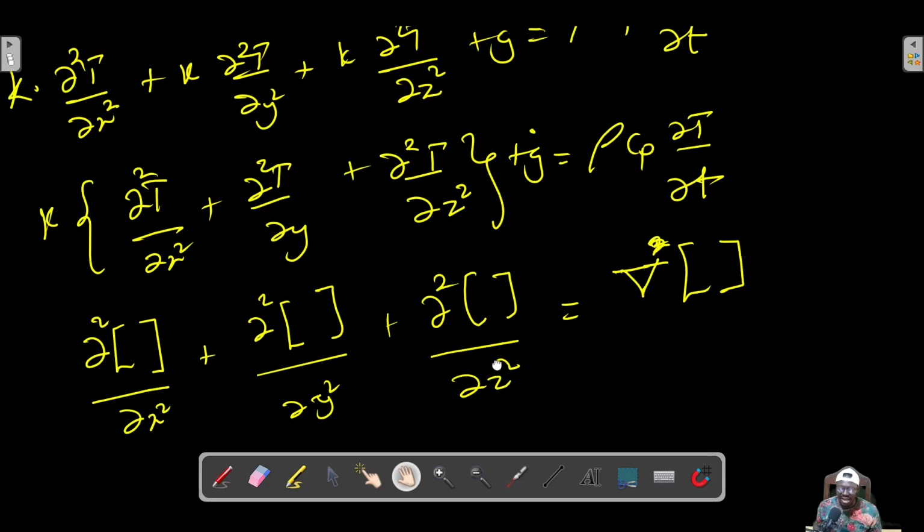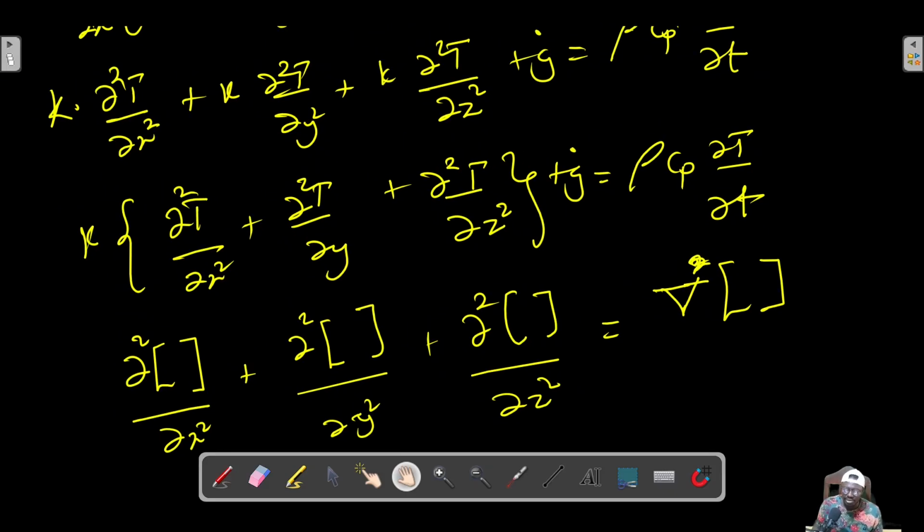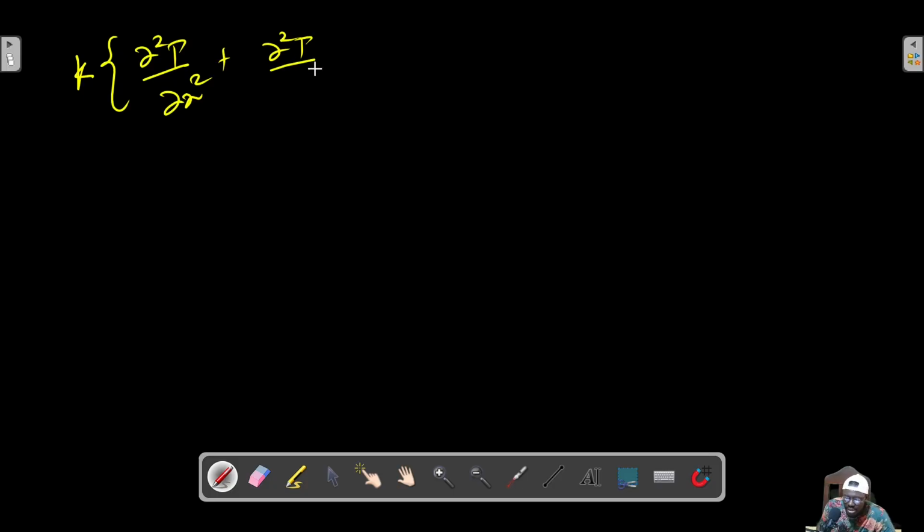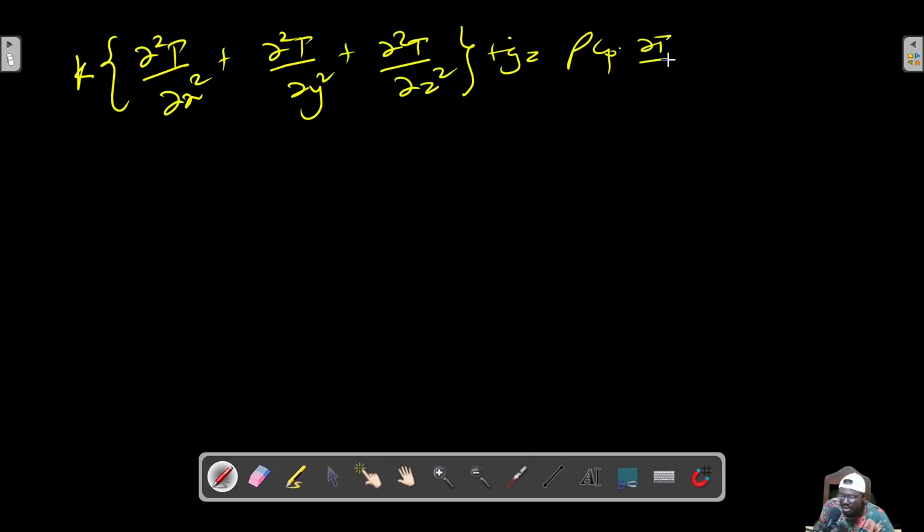So for what we have here, let's move to the next page. We can say that K times del squared T over del x squared, plus del squared T over del y squared, plus del squared T over del z squared, plus J dot is equal to rho Cp del T del small t.